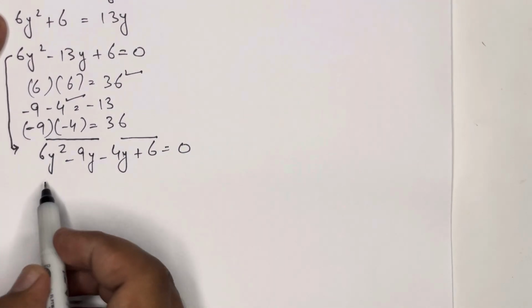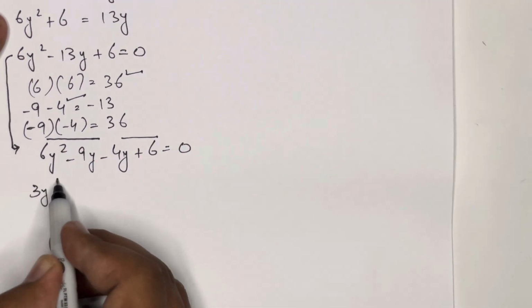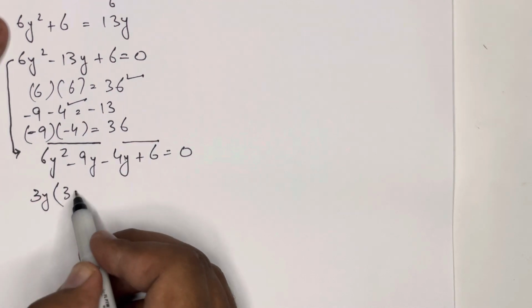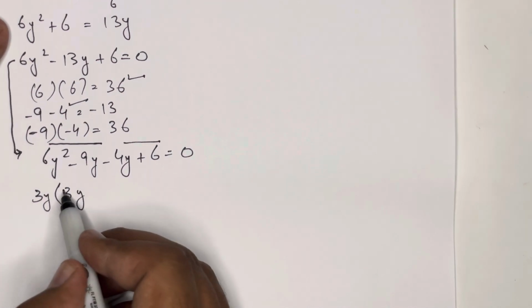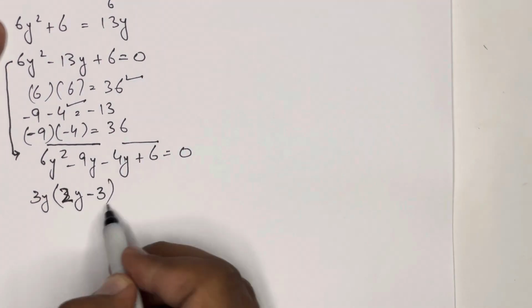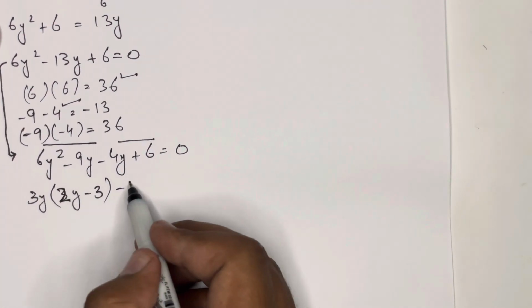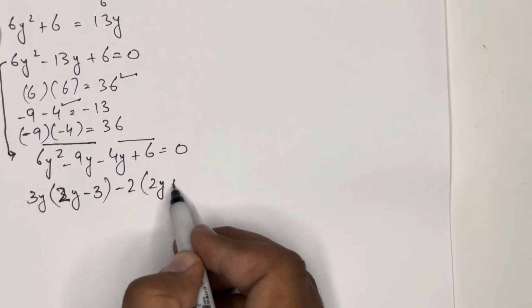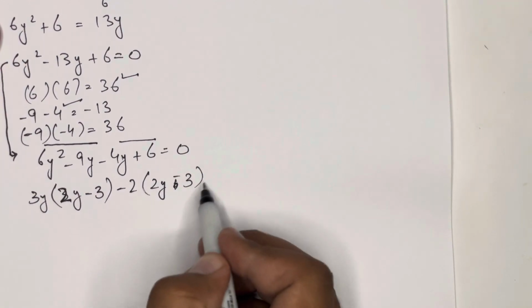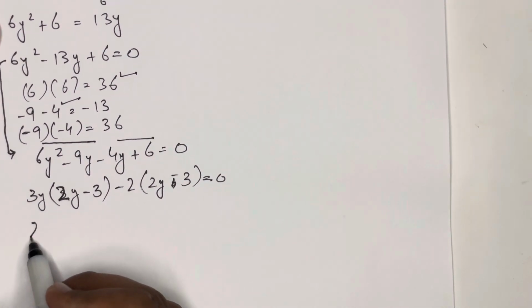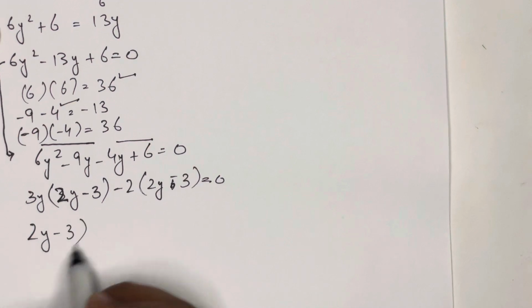I am taking common factors from these two terms and these two terms. In the first I can take 3y common, and the remaining will be 2y minus 3, and in the other I can take minus 2 common, and the remaining will be 2y minus 3.